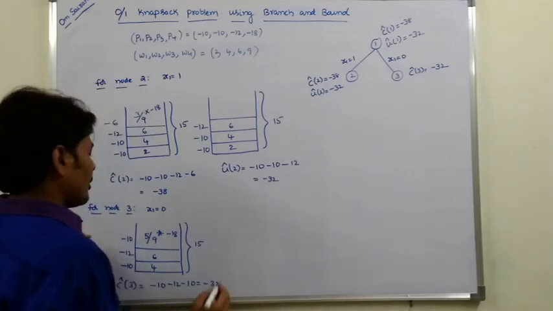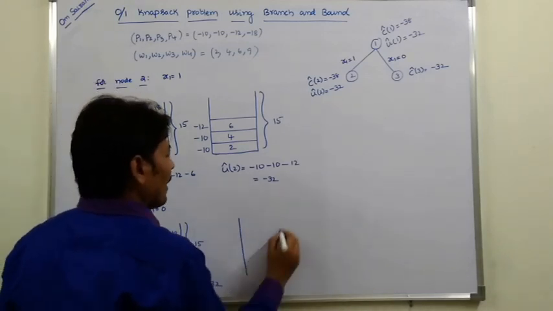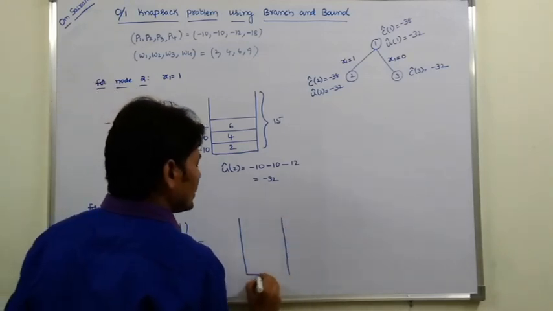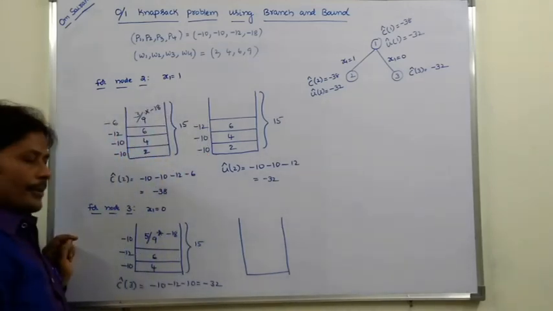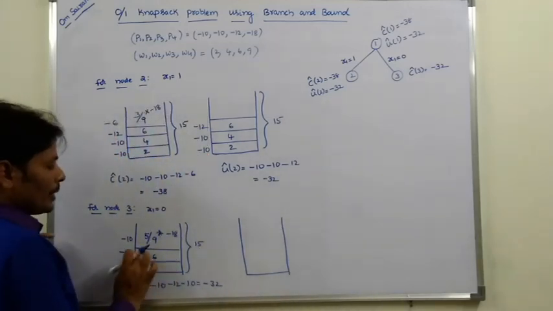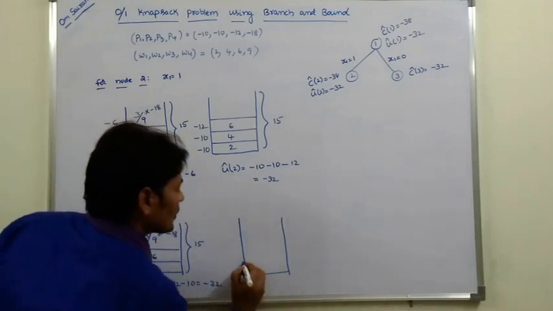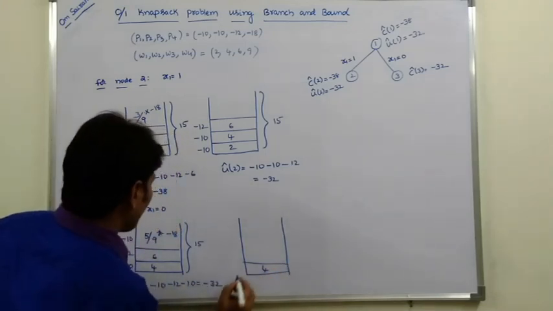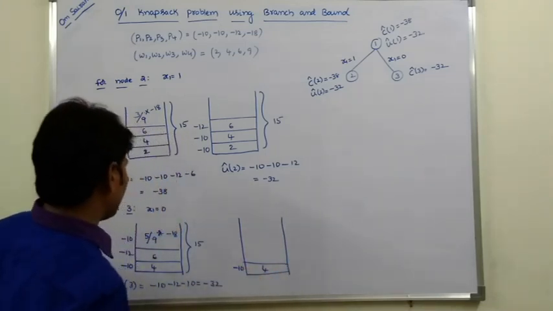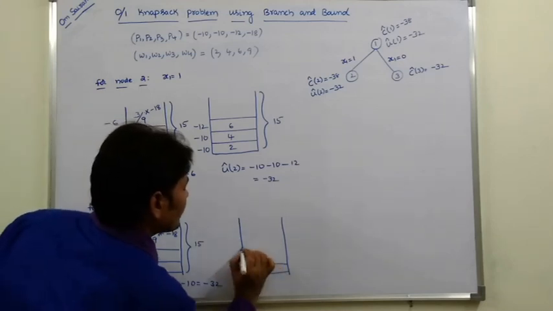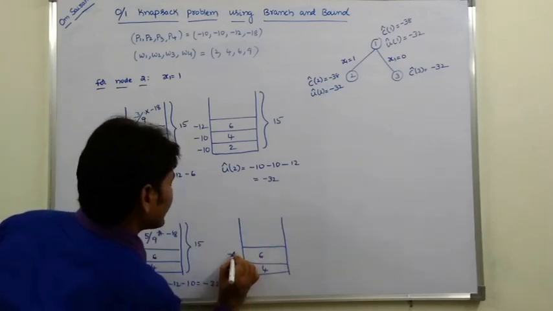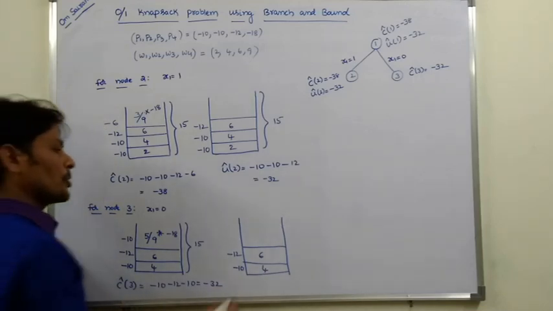Next, we have to calculate U cap. While calculating U cap, it does not allow fractions, so we have to consider up to this point. The second object is placed into the knapsack, its corresponding profit is minus 10. The third object is placed into the knapsack, its corresponding profit is minus 12.